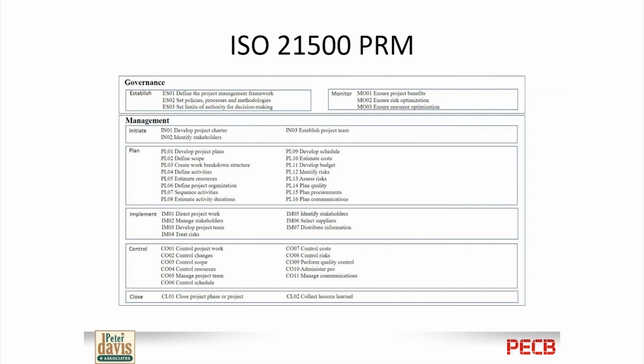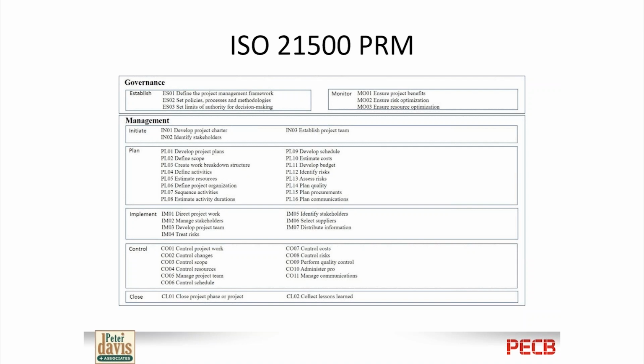And you'll recognize the processes within the management domain. There are two areas, governance and management. And the processes within the management area fall into the process groups. So each one of those domains, such as initiate, plan, implement, control, close, is a process group in PMBOK and ISO 21500.